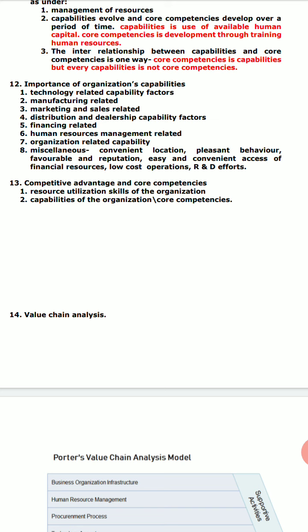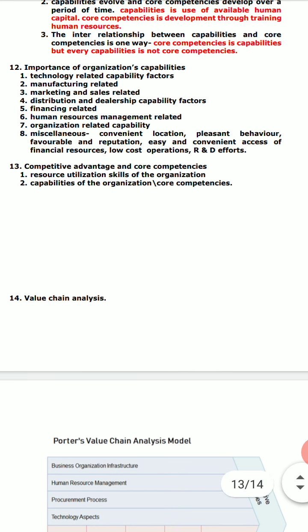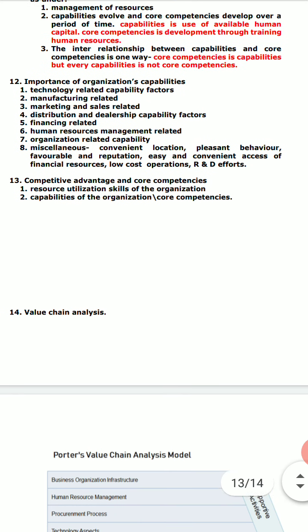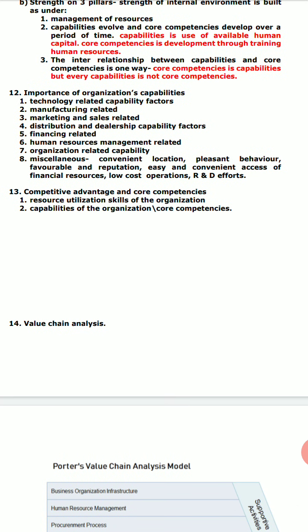Then comes what is said to be the manufacturing related capability. How can that be known? Say if you are manufacturing with a certain kind of production which may cost you low as compared to the competitors, then that is the low cost production efficiency of the firm, and that becomes their capability, right?